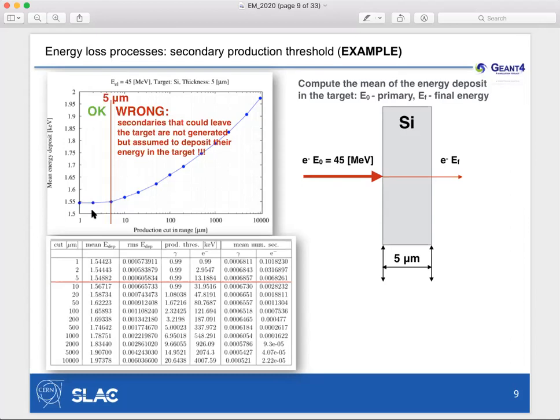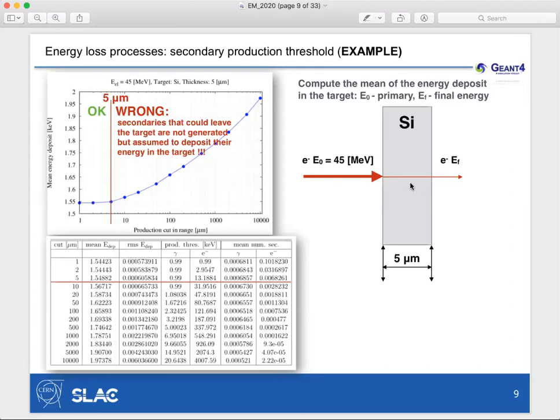Okay. Wherever that energy would be deposited within 2 micron, for you it's the same. So in our case, as long as the energy of the secondary electron or gamma emitted by this primary electron in the silicon target would stay inside the silicon target, then from our simulation point of view, there is no difference.